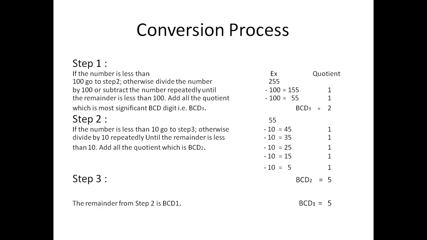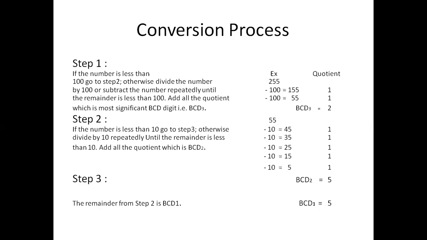Now you will be surprised: if it is 255, why do this process? Why not directly extract 2 as BCD3, 5 as BCD2, and another 5 as BCD1? Because that is a manual process, and manually we can do it. But when 255 is fed to the microprocessor, it is unable to find out what is 2, what is 5; it is unable to understand.